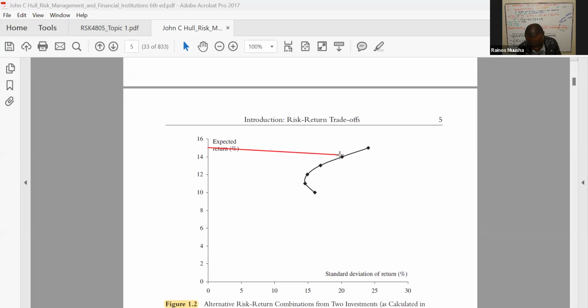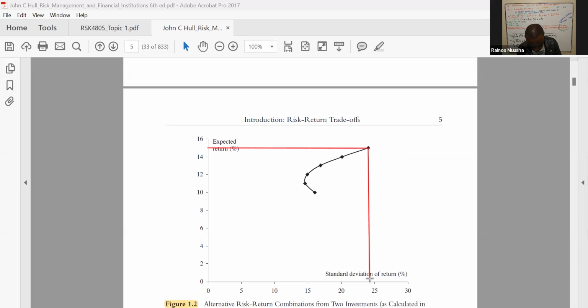It should be this point here, the point that corresponds to that calculation.